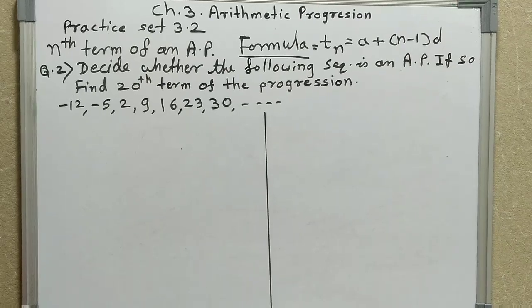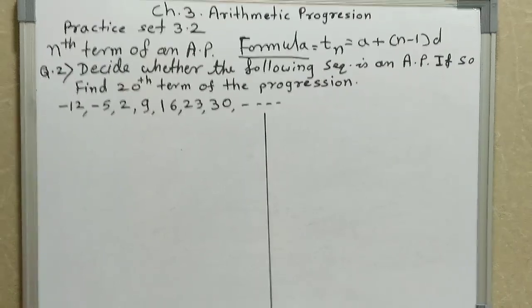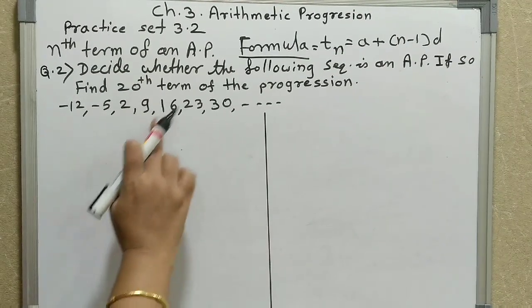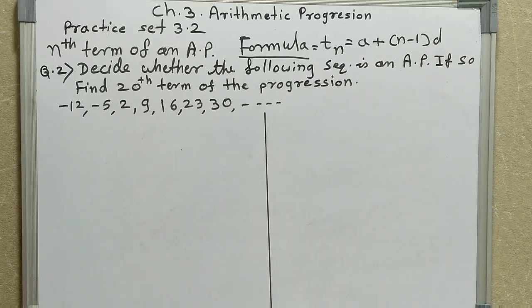Next we see question number 2. Decide whether the following sequence is an AP. If so, find the 20th term of the progression. See the given sequence: minus 12, minus 5, 2, 9, 16, 23 and 30. In this example, first we write down the terms.